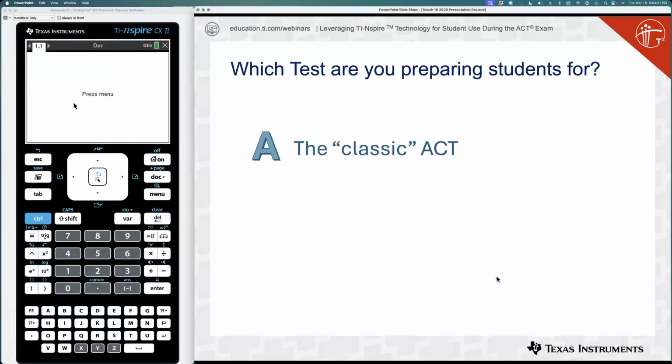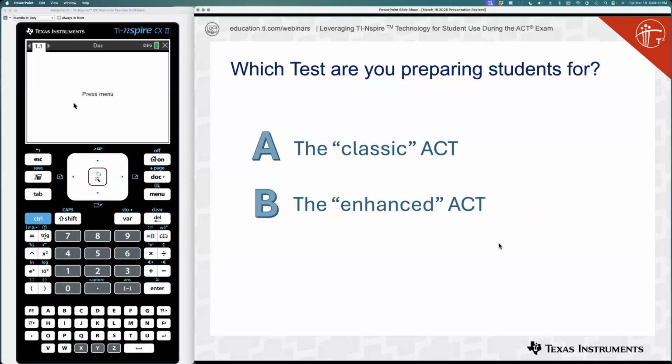So we're calling the original ACT the classic ACT. At my school, I know that I'm preparing my students for the classic ACT. There is also the enhanced ACT, and I'll explain how that rolls out pretty soon.